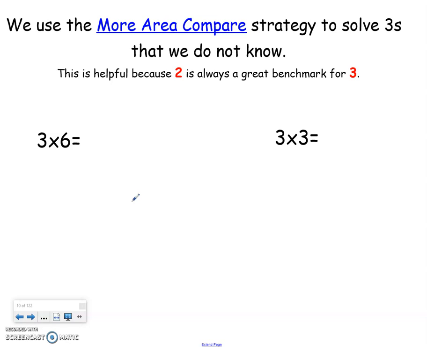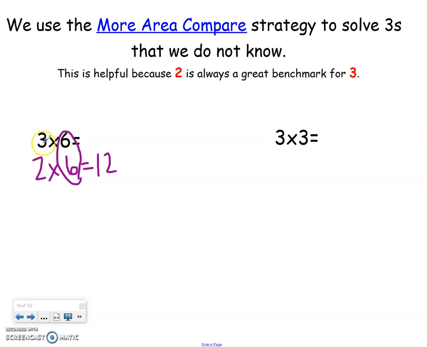So if I didn't know, for example, 3 times 6, I could compare it to 2 times 6. You'll have to forgive my handwriting. 2 times 6, of course, equals 12. And I immediately noticed that 3 times 6 and 2 times 6 both have a common factor of 6.